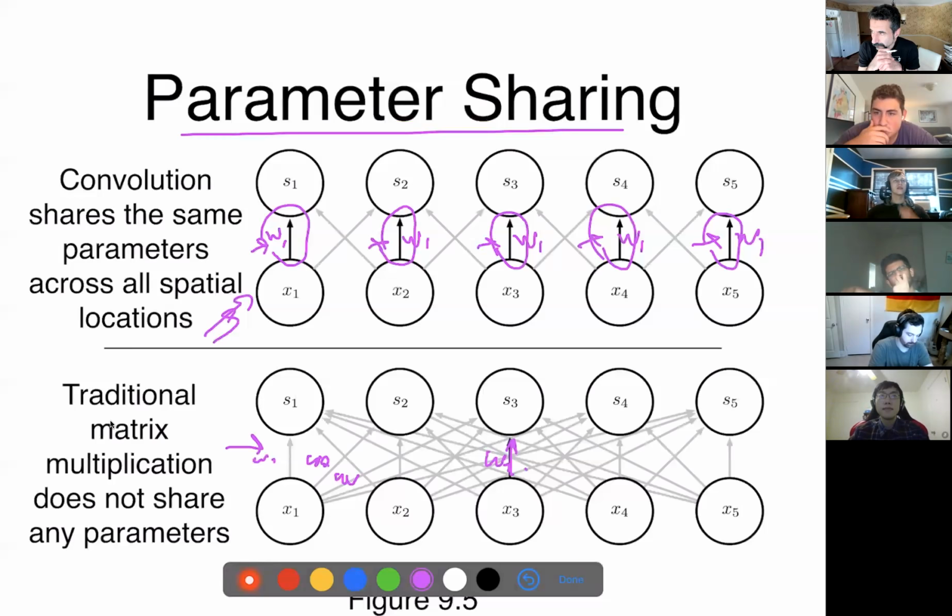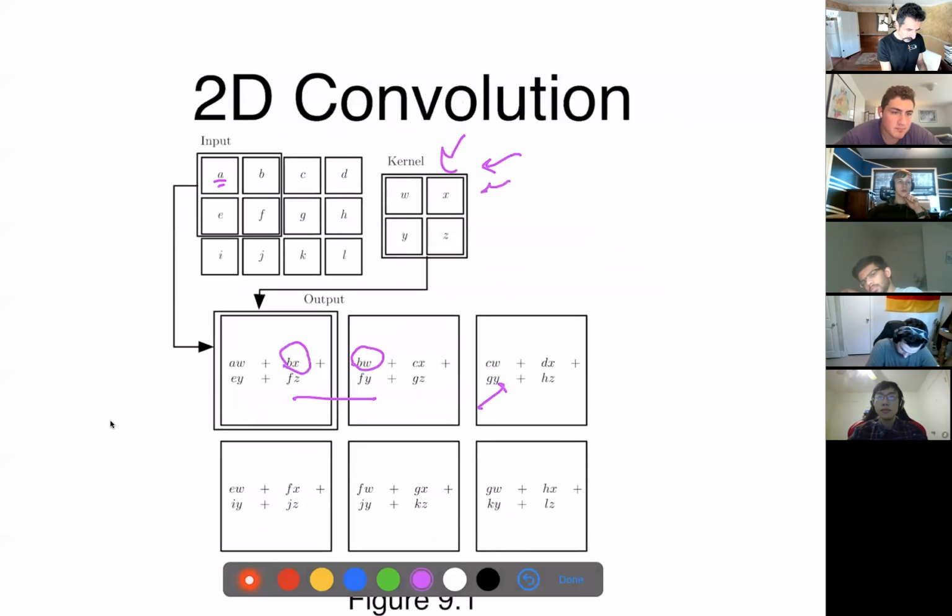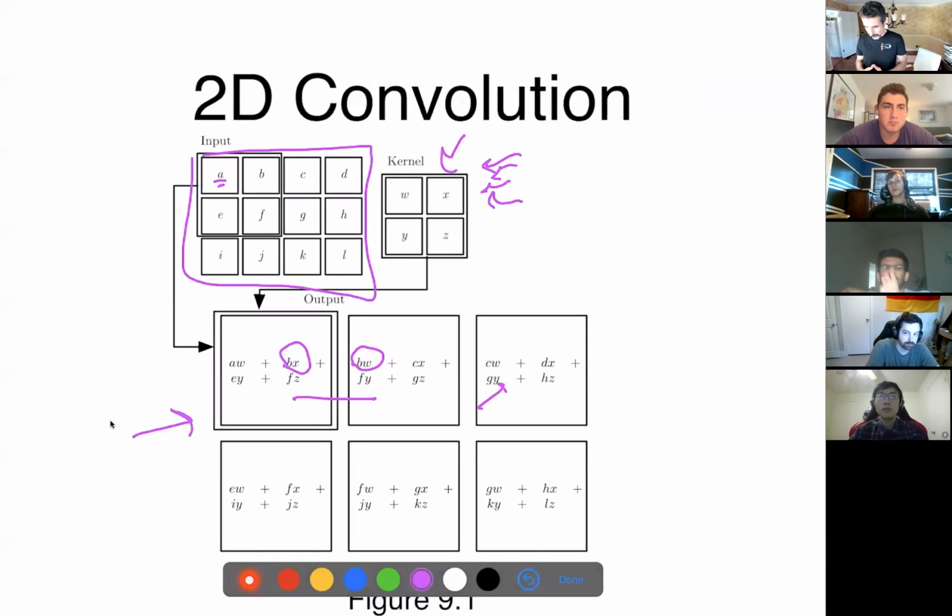Yes. When you have one input, this kernel slides over it and gives you one feature map. If you want two feature maps, you need another kernel.